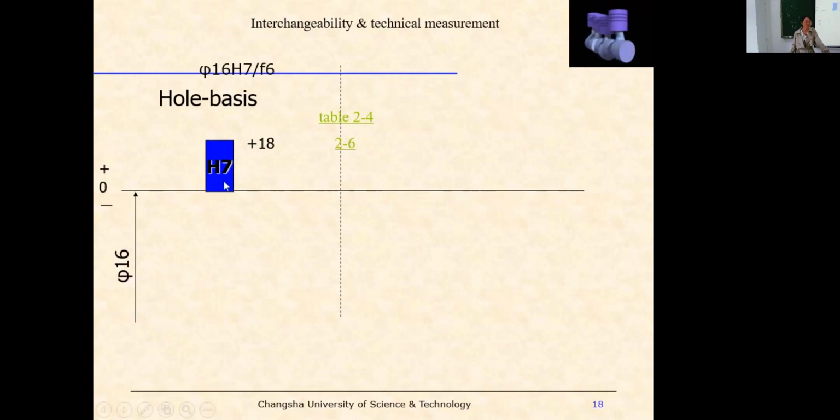The tolerance is 0 to 18, right? The basic size is 16, IT7. From the table, 18, yeah, 18, right? And then for the shaft, F6.